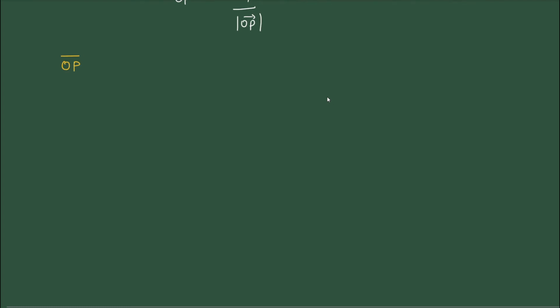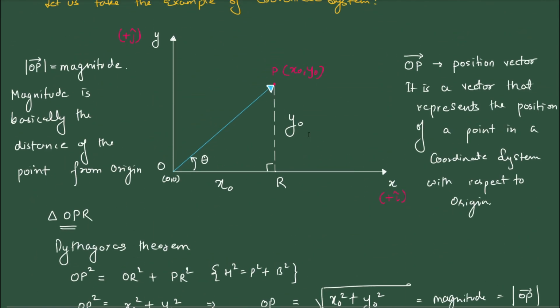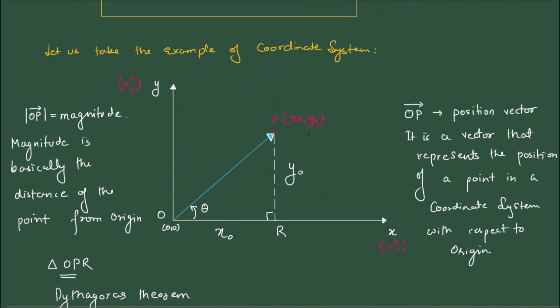So the easiest way to learn it is, if we move from O to point P, what are the ways through which we can move? I can travel in the horizontal direction x0 till the point R, and then move upward, vertically, to the point P by moving y0 in the vertical direction.